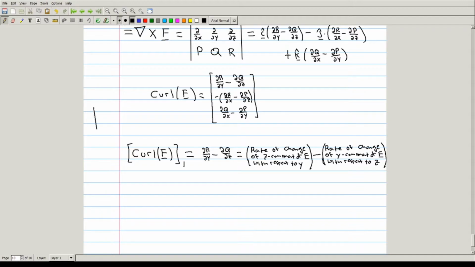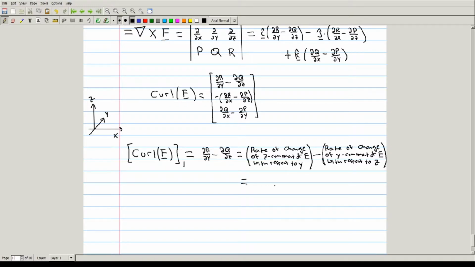If you remember looking along our axes, this is saying that the first component of the curl is the rate of change of the z component of the vector field at a given point with respect to y in this direction, minus the rate of change of the y component of the vector field with respect to z.